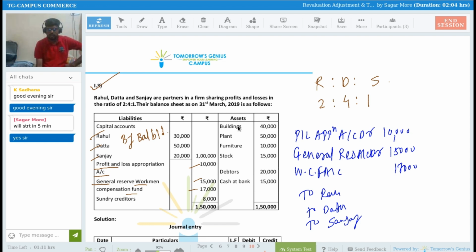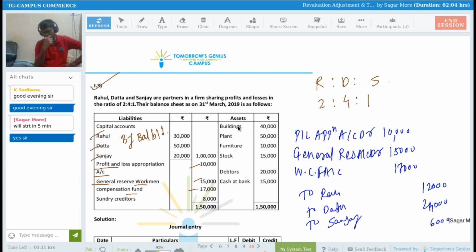It is 12,000 rupees for Rahul, 24,000 rupees for Datta, and for Sanjay it is 6,000 rupees.